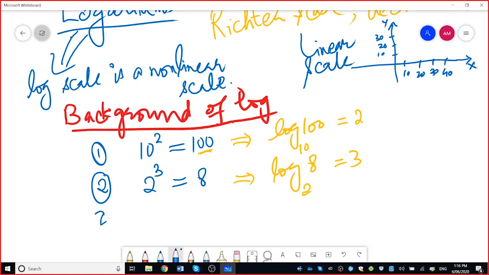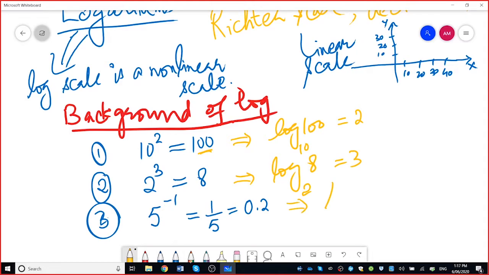And what is 5 raised to the power of minus 1? It is 1 over 5, which is equal to 0.2. So in a logarithmic scale, log of 0.2 to the base 5 is equal to -1.